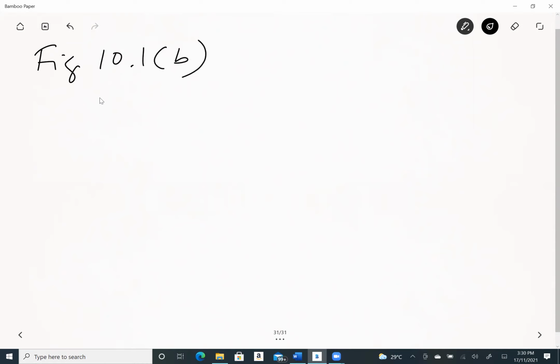You see the curve over there. The curve is going down, and then it goes up. So I want you to see the graph.